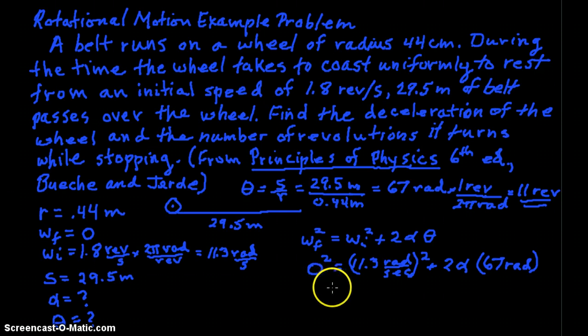So then you just have to solve for alpha here. So you can square the 11.3, and it's going to become negative 11.3 radians per second squared, and then you'd have to divide by 2 times 67.